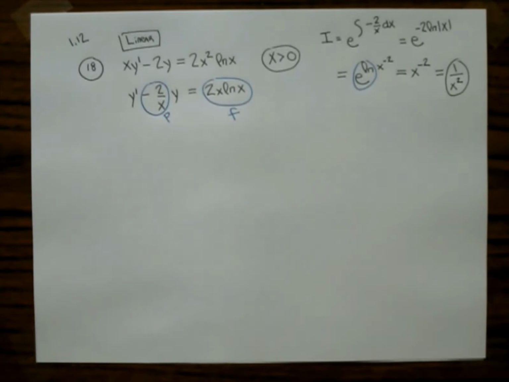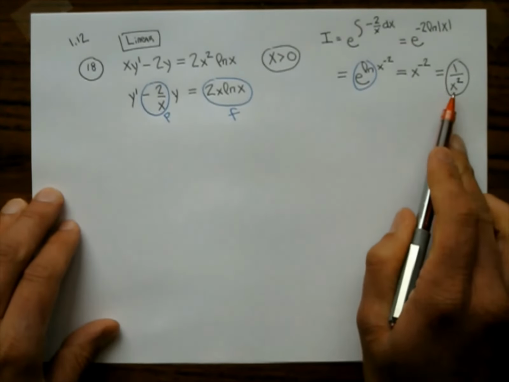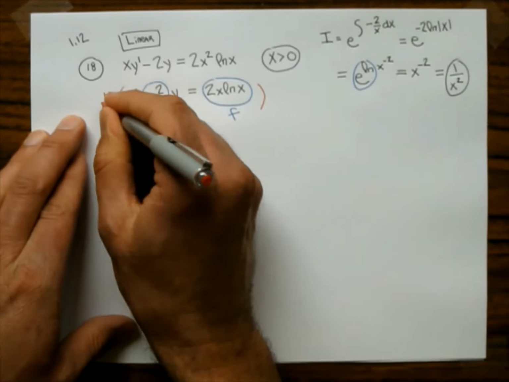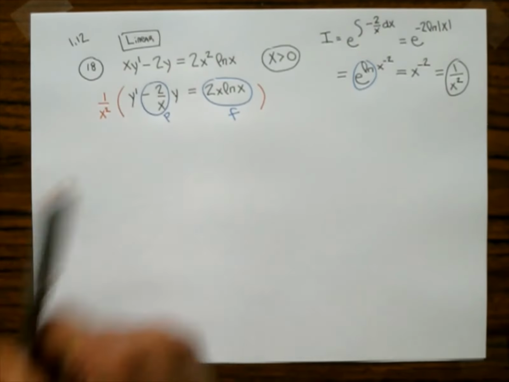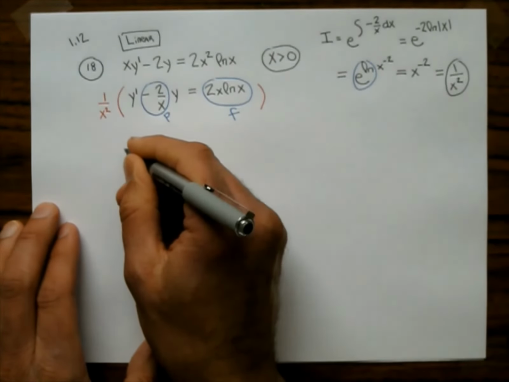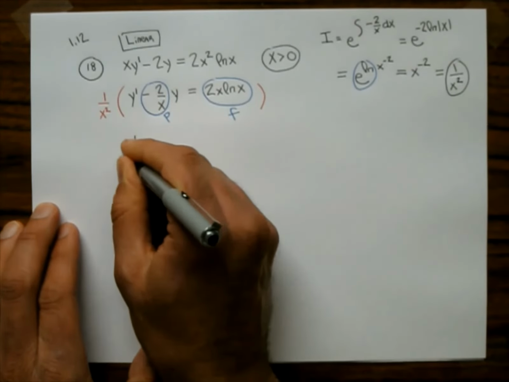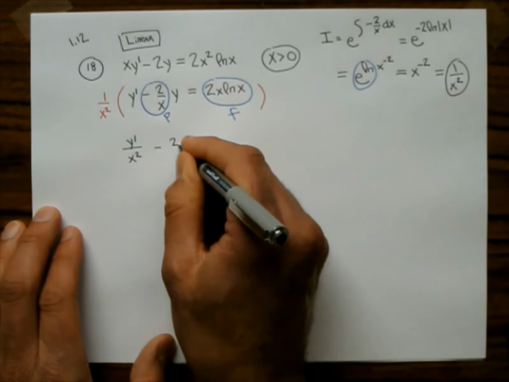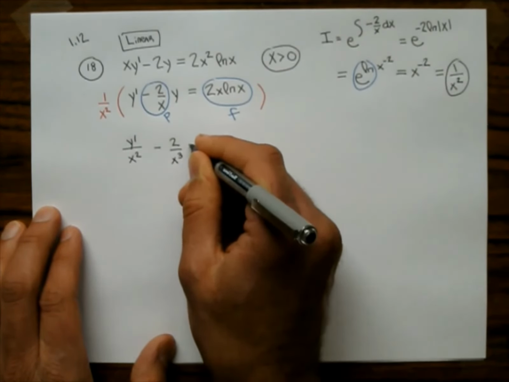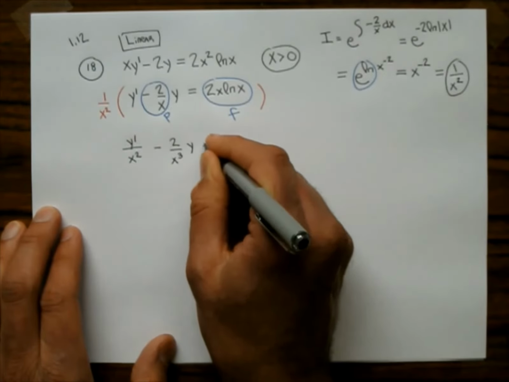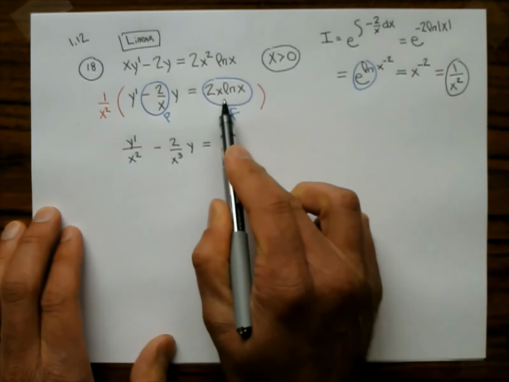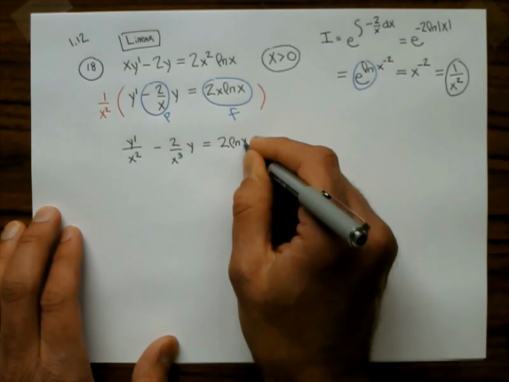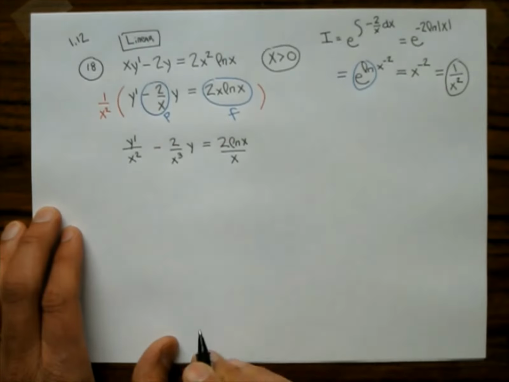So why is that important? Because I would then use the integrating factor, multiply the equation by the integrating factor. When I do that, I end up getting y prime over x squared, minus 2 over x cubed times y, and then the last one's going to be x squared on the bottom, x on the top, so this is going to be 2 ln x all over x.